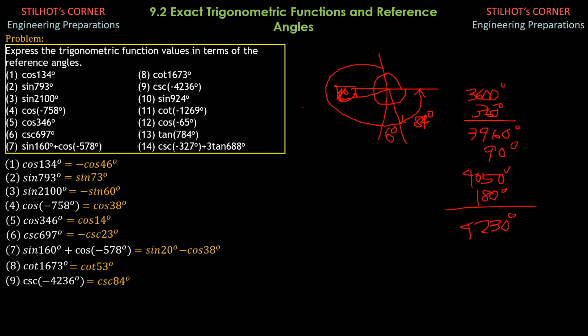And 3600 plus 360, 3960 plus 90, sorry, plus 90, 4050 is here, plus 180 is 4140, sorry.